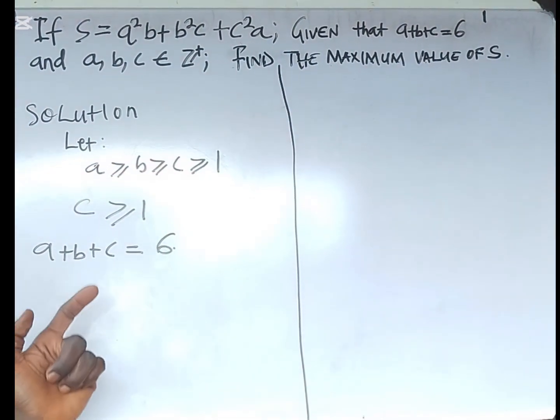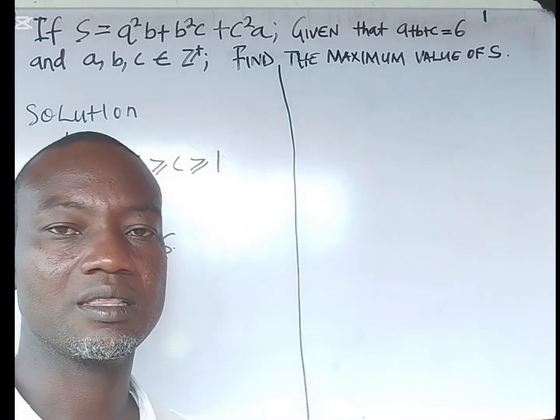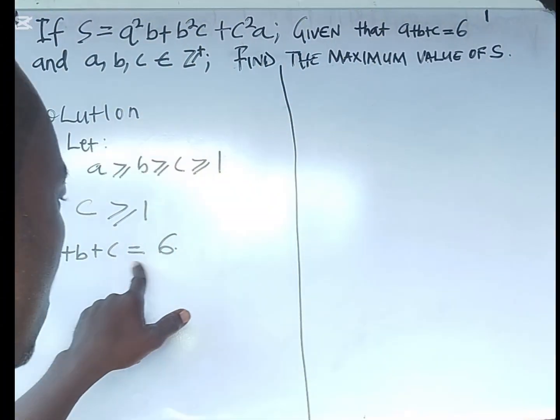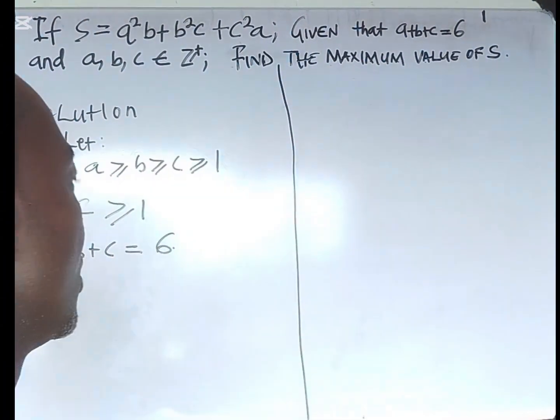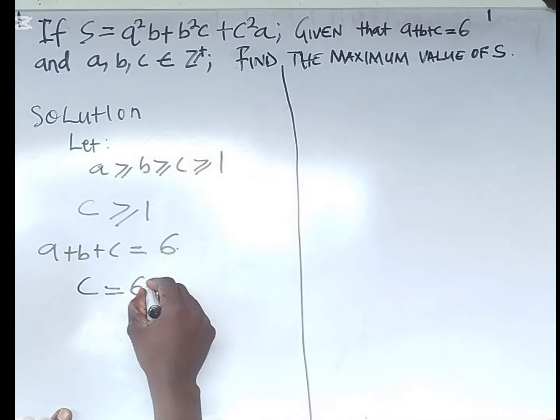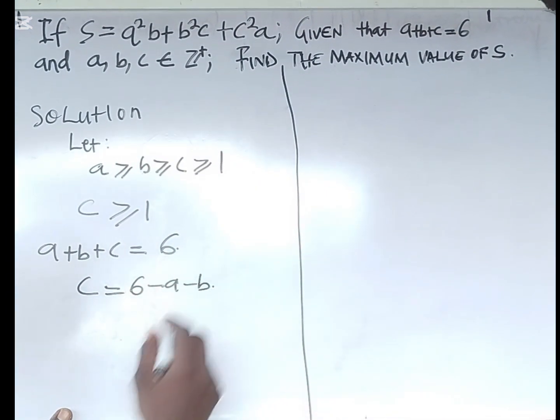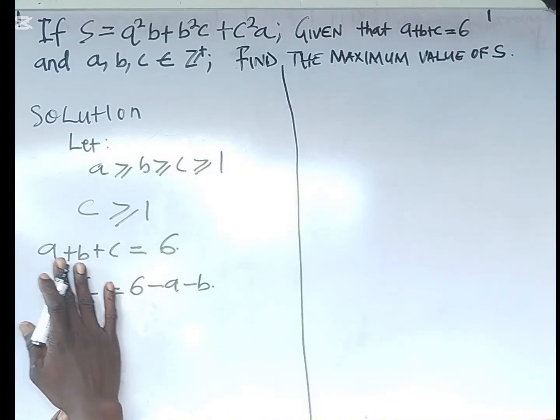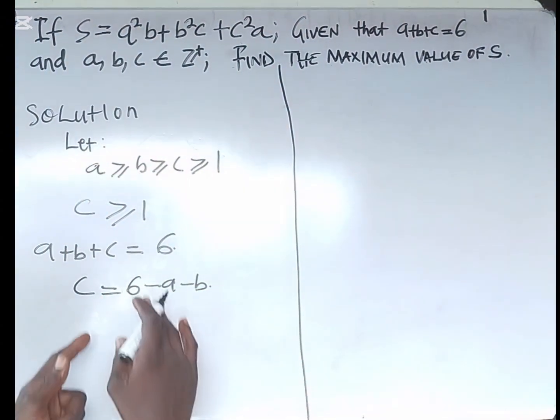What I want to do now is make c the subject of the formula in this equation. So I will say c is equal to 6 minus a minus b. I simply move these two variables to the other side of the equation and I got this.